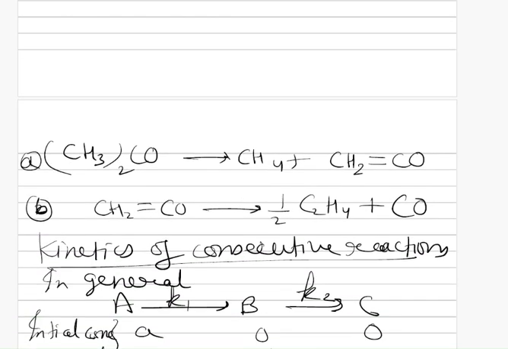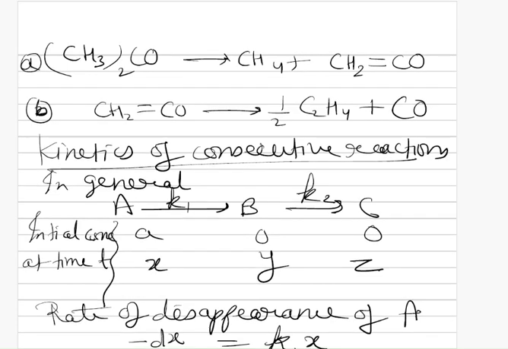Another example is CH3COCH3 giving CH4 plus CH2=CO. And the second step, after the formation of CH2=CO, it is again forming C2H4 plus CO. So these are the successive steps of the same reaction, and finally the product is C2H4 plus CO.